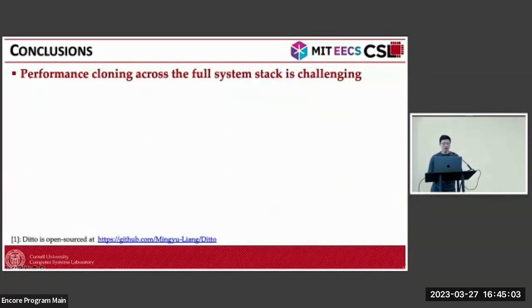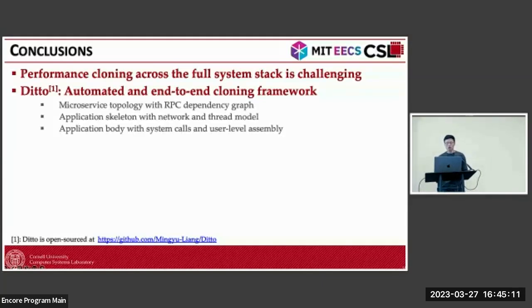So in summary, it's challenging but necessary to clone the performance of cloud services across the whole system stack. So we propose Ditto, an automated cloning framework for end-to-end cloud services. So it first generates a microservice topology with an RPC dependency graph and generates the skeletons through the network and thread modeling.